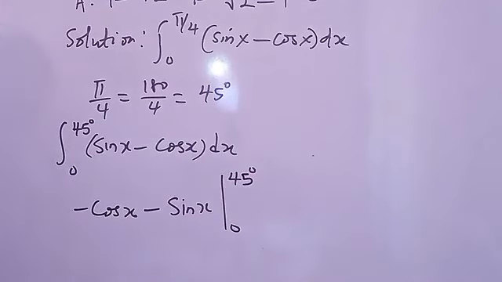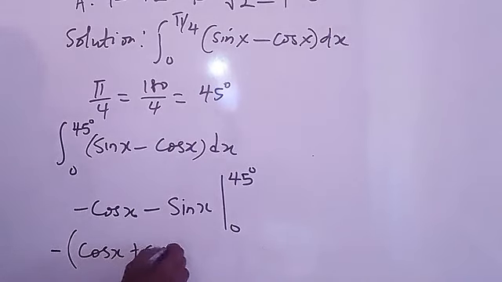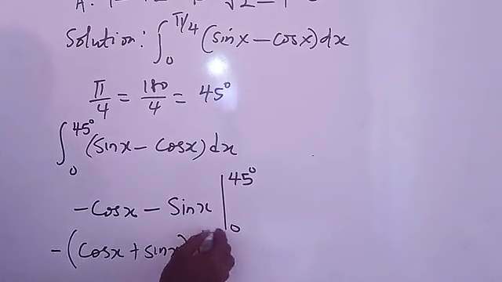Okay, now from there we continue. To apply this, you can see that this negative sign is a constant. We can factorize it, and we're going to have cos x plus sine x from 0 to 45 degrees. So now the negative is a constant value.